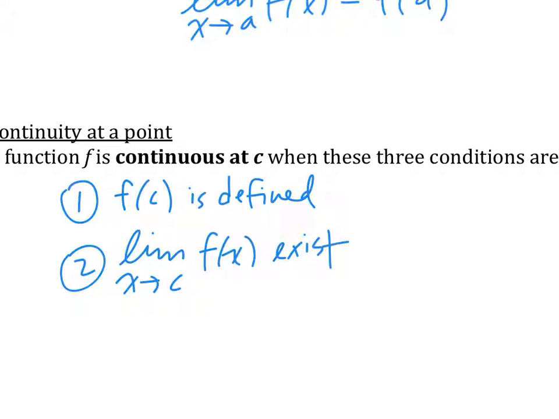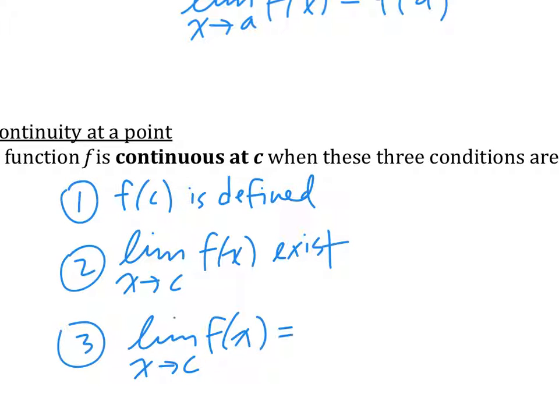The third one is that this limit is equal to the actual number. They actually mean the same number. So how do you prove that something is continuous? First, there's a point. Second, there's a limit. Third, the limit and the point are the same number. You need all three for this.